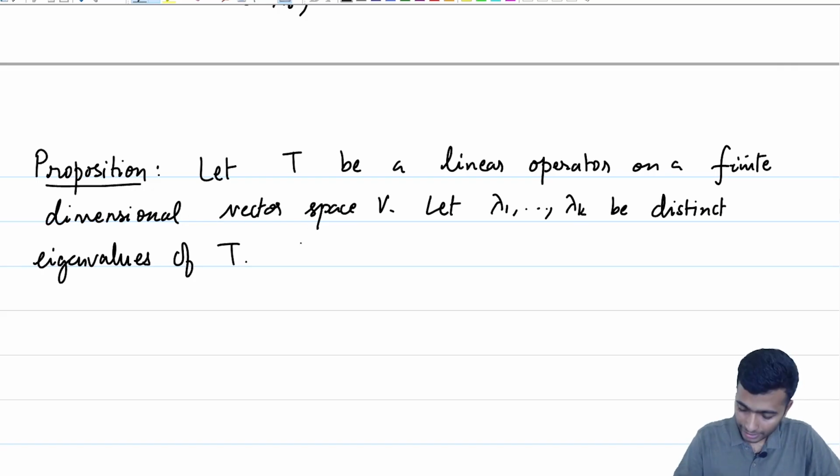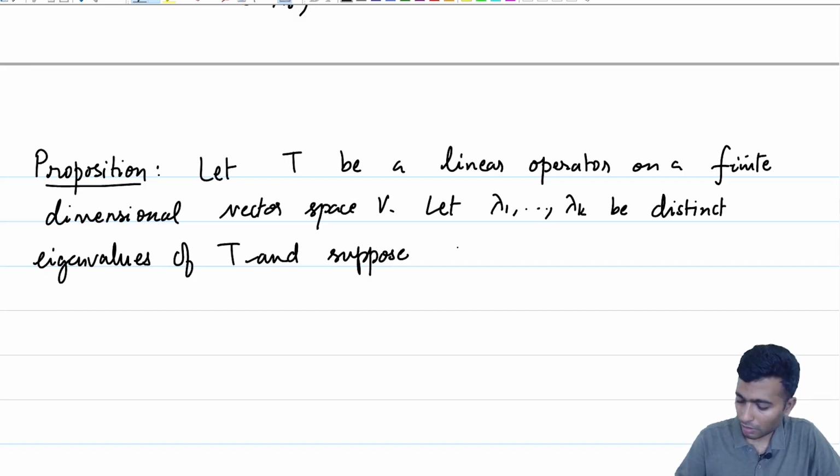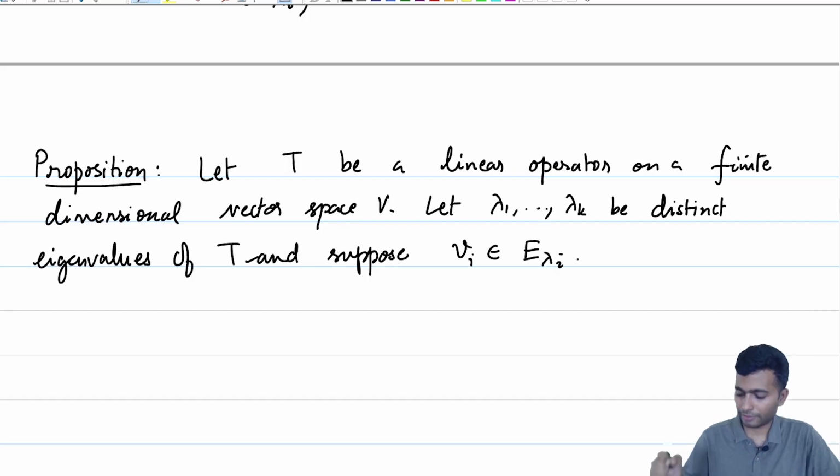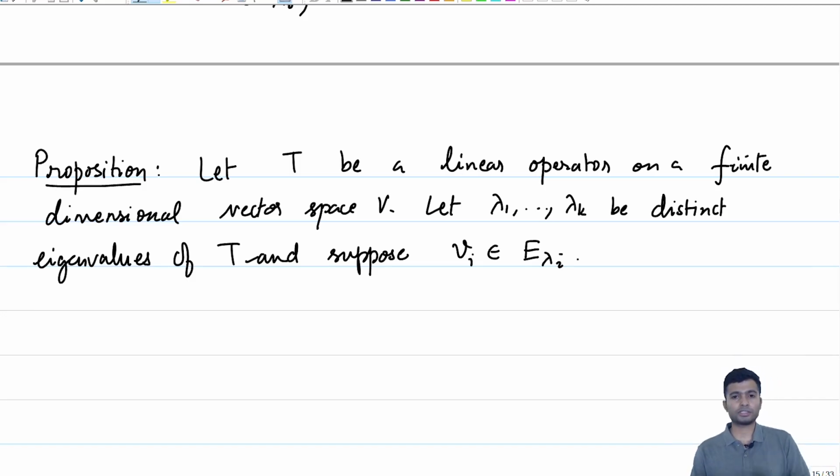And suppose Vi belong to E lambda i. So, that means the Vi's are vectors in the eigenspace corresponding to lambda i.